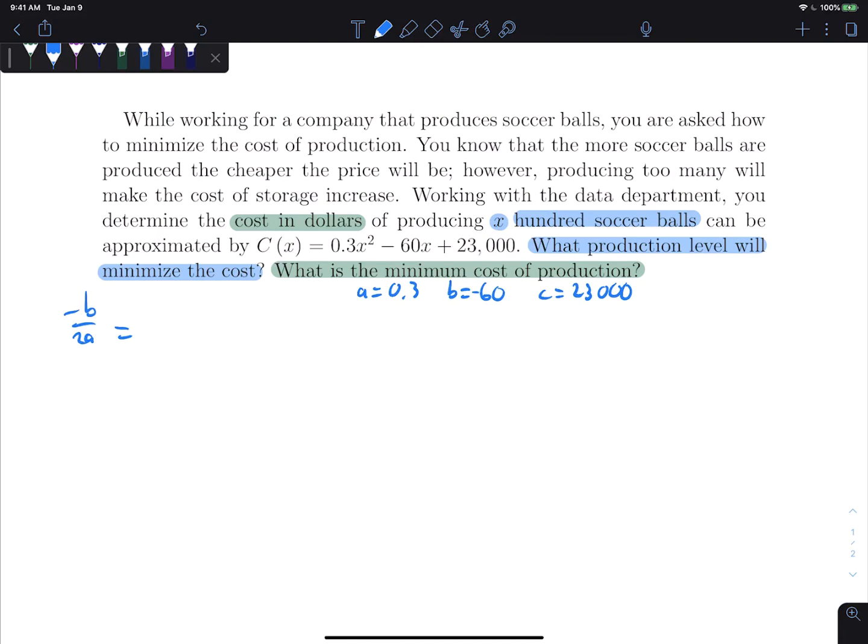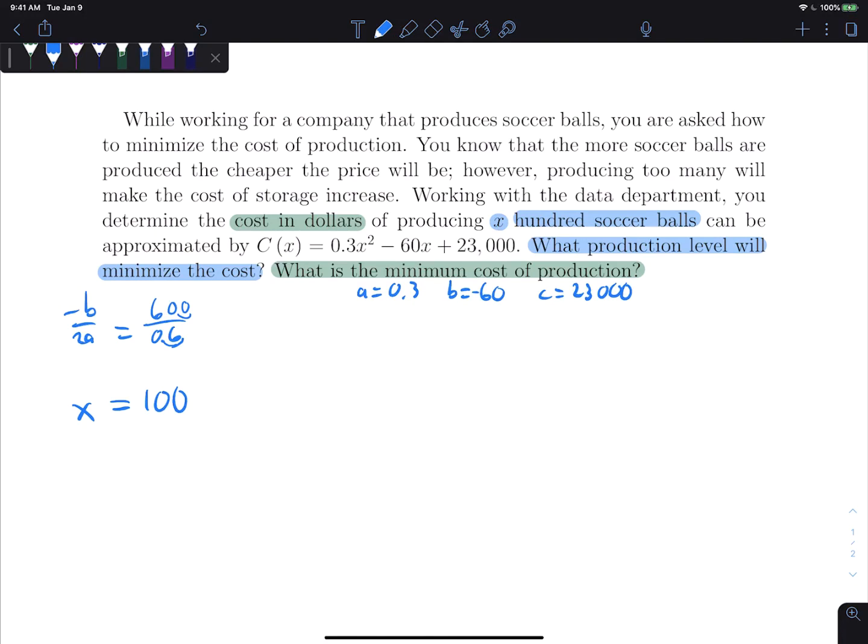Plugging these into the formula, we get positive 60 over 2 times 0.3, which is 0.6. If I move the decimal to the right one, that's the same thing as 600 divided by 6, which is 100. So the actual x coordinate here will be 100.